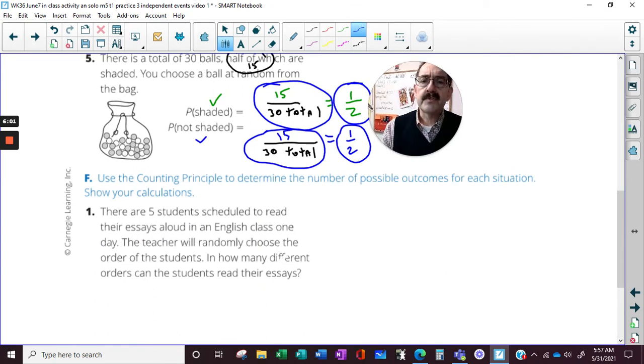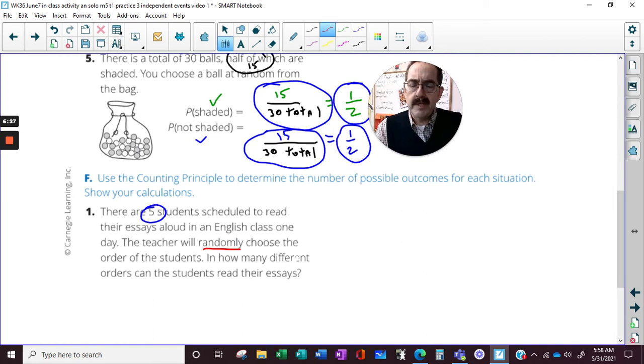Using the counting principle to determine the possible outcomes of each situation. There are 5 students scheduled to read their essays aloud in class one day. The teacher will randomly select the order.